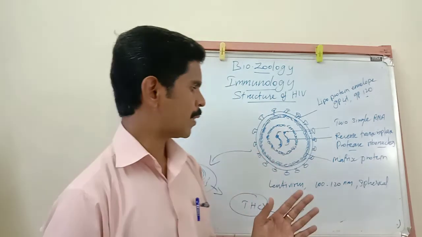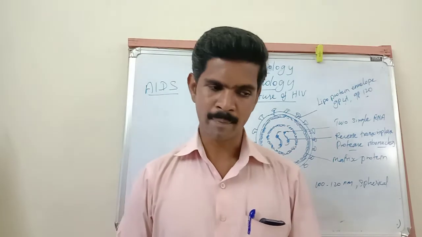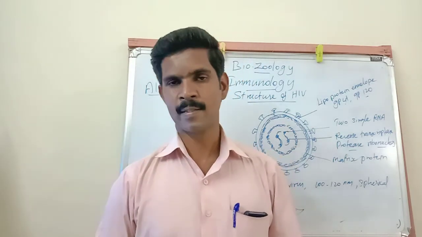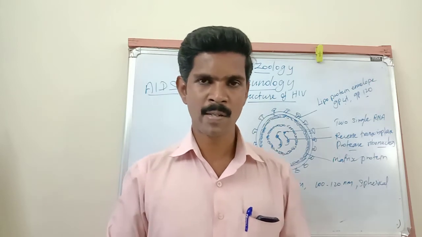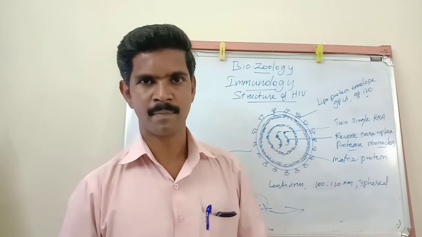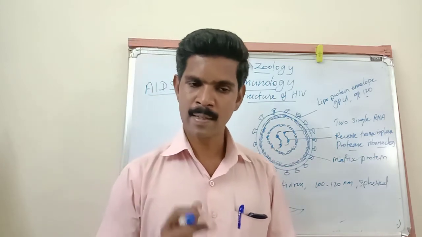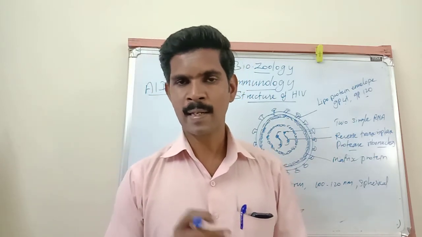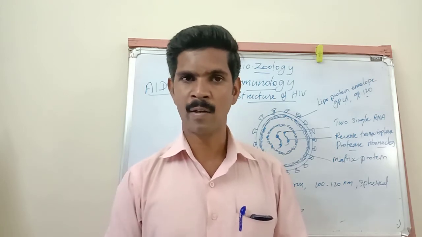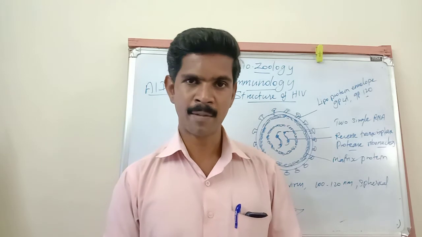Now we completed the transmission method also. Then how can we identify this AIDS disease? Already in the lower classes we have studied that there are two tests available. The first test is called the ELISA test, and the second one is called Western blot. With the help of the ELISA test we can easily detect the HIV antibody.